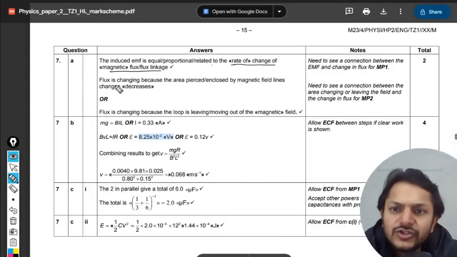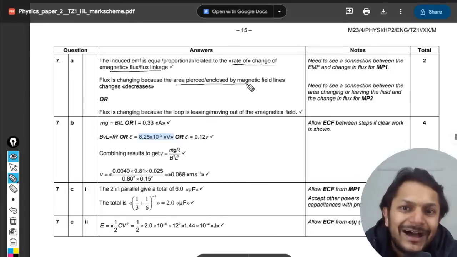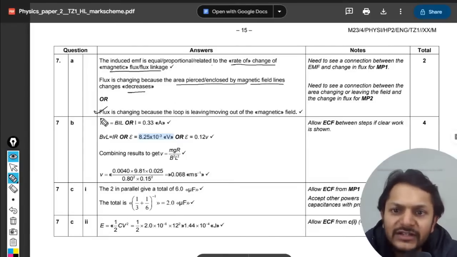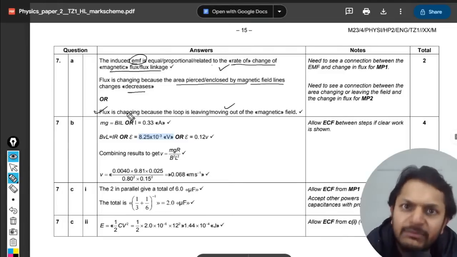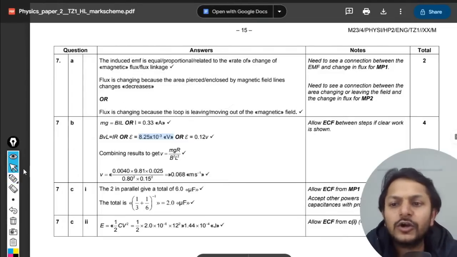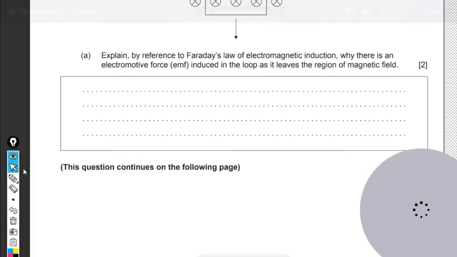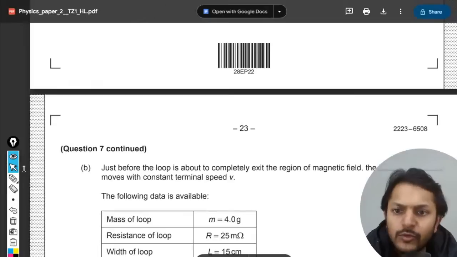Flux is changing because the area enclosed by the magnetic field is decreasing. So flux is changing because the loop is moving out of the magnetic field, and the rate of change of flux is equal to the EMF by Faraday's law. Accordingly, in this case, definitely EMF will be generated. So this is done. Let us now move to the next question.